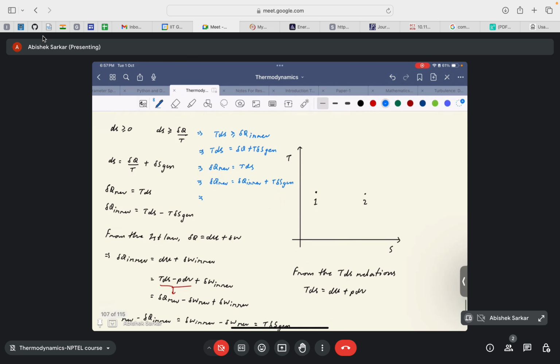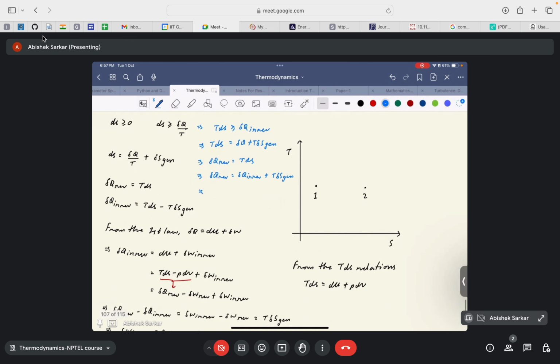So from here we can write delta Q irreversible as equal to delta Q reversible minus T delta S gen, and since we know delta Q reversible is equal to TdS, we can write delta Q irreversible is equal to TdS.